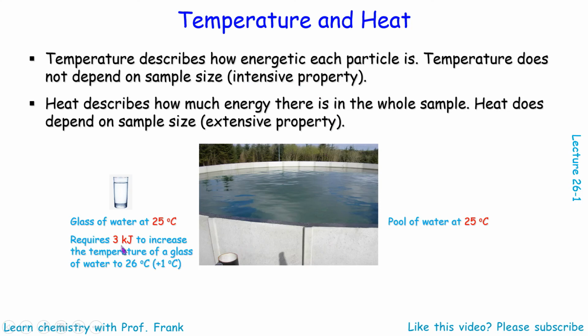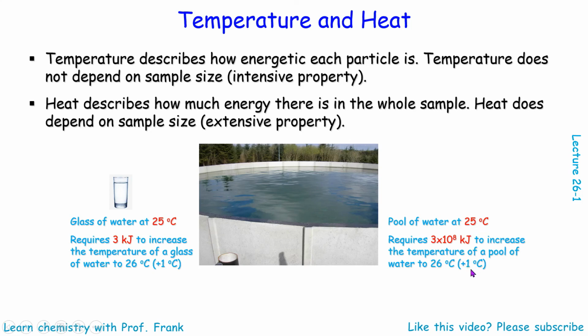For example, if you heat this glass of water to 26 degrees Celsius from 25 degrees Celsius, which means increasing the temperature by 1 degree Celsius, it would require about 3 kilojoules. Compare with increasing the temperature of this pool of water also to 26 degrees Celsius from 25 degrees Celsius.